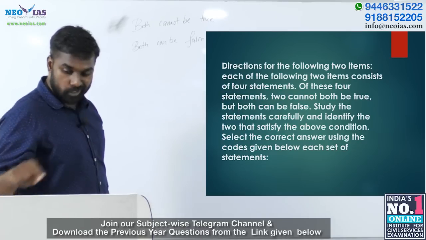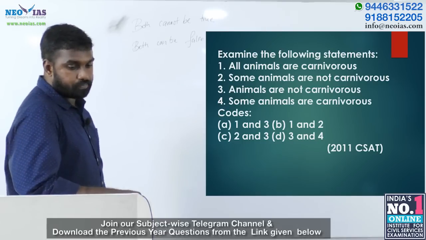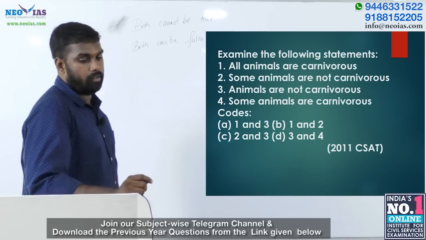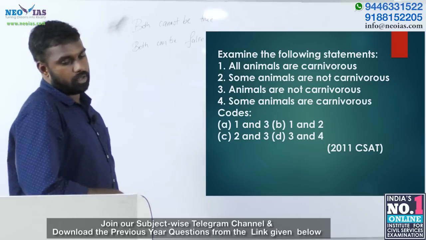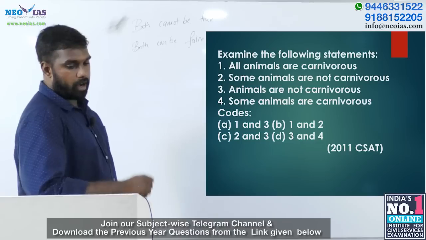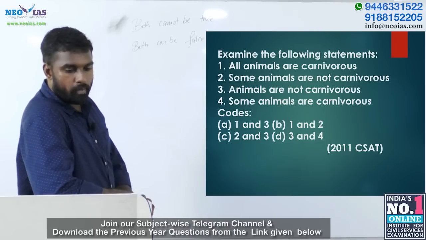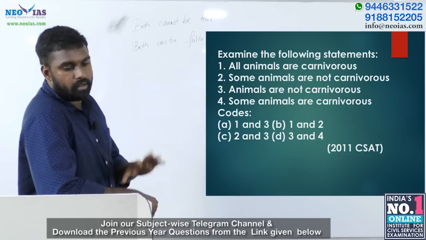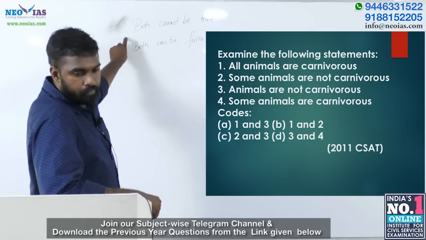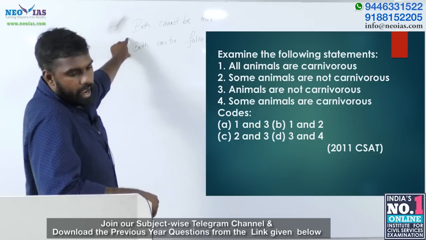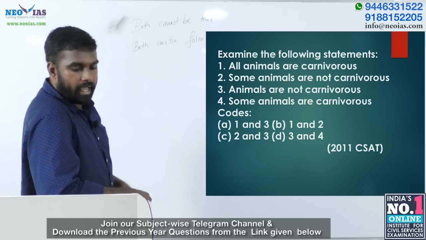So the question is: all animals are carnivorous, some animals are not carnivorous, animals are not carnivorous, some animals are carnivorous. That means all four formats are given. And according to this condition, both cannot be true. The answer is option A, 1 and 3.